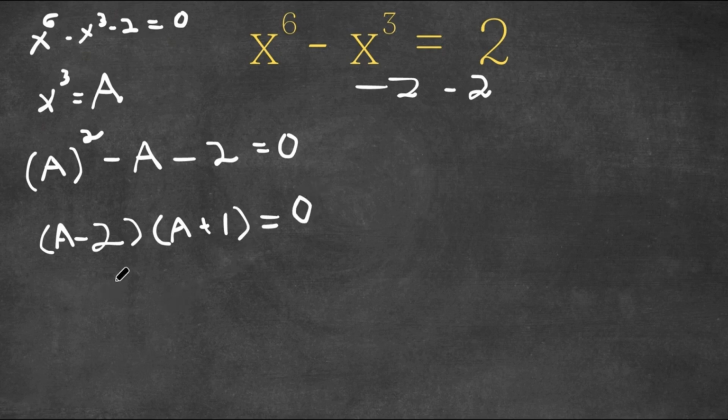And this gives us two equations. We have a minus 2 equals 0, or a plus 1 is equal to 0. If a minus 2 equals 0, then that means that a is equal to 2. And if a plus 1 equals 0, that means that a is equal to -1.